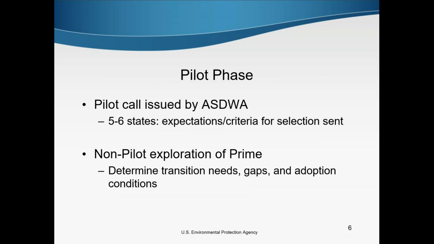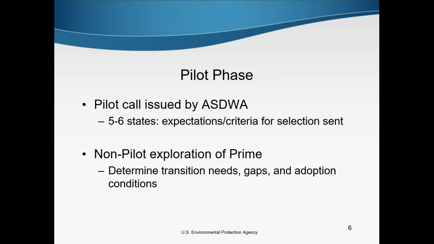We talked about the pilot phase a good bit yesterday, so I won't spend too much time on this. But again, the pilot call has been issued, and we're looking for 5 to 6 states and a region. There's expectations and criteria sent out, and we're really looking for states that are going to be able to really help us have a successful pilot and be able to work towards getting other primacy agencies into Prime.